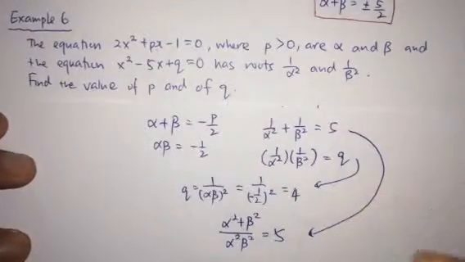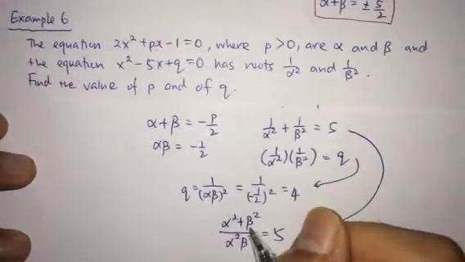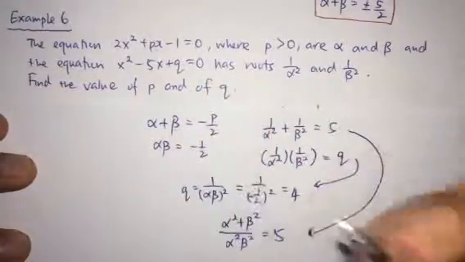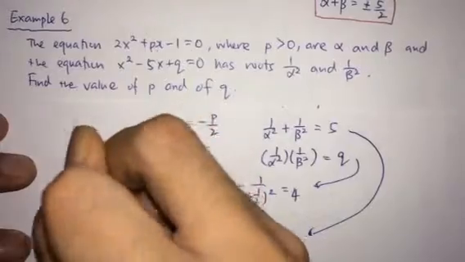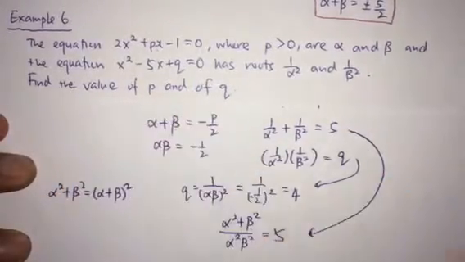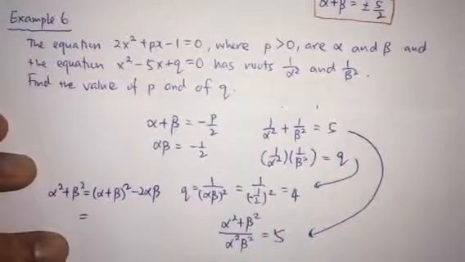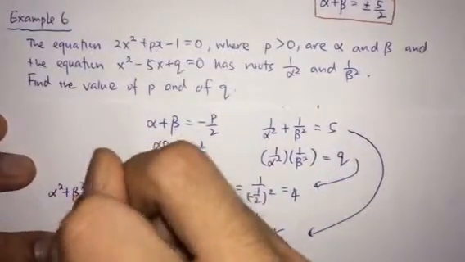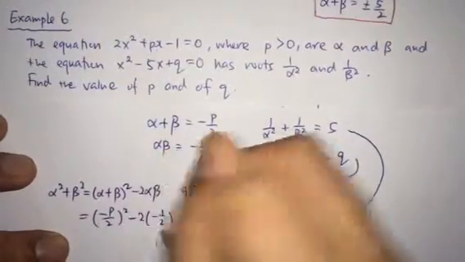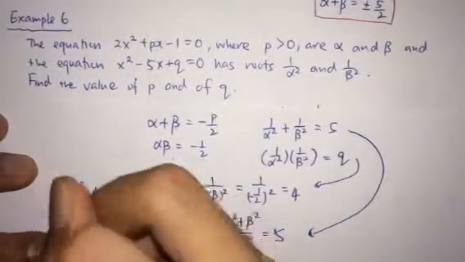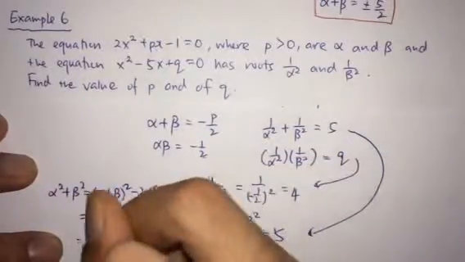If you look at the previous example, you will know how to find alpha squared plus beta squared from these two equations. Alpha squared plus beta squared is equal to alpha plus beta squared minus 2 alpha beta. So alpha plus beta will be minus p over 2 squared minus 2 times minus half. Simplifying this, we get p squared over 4 plus 1.